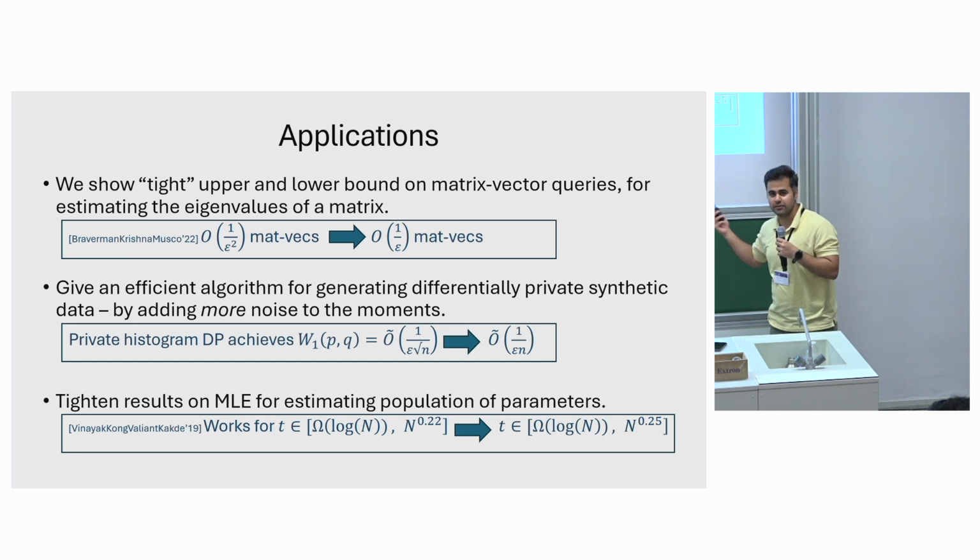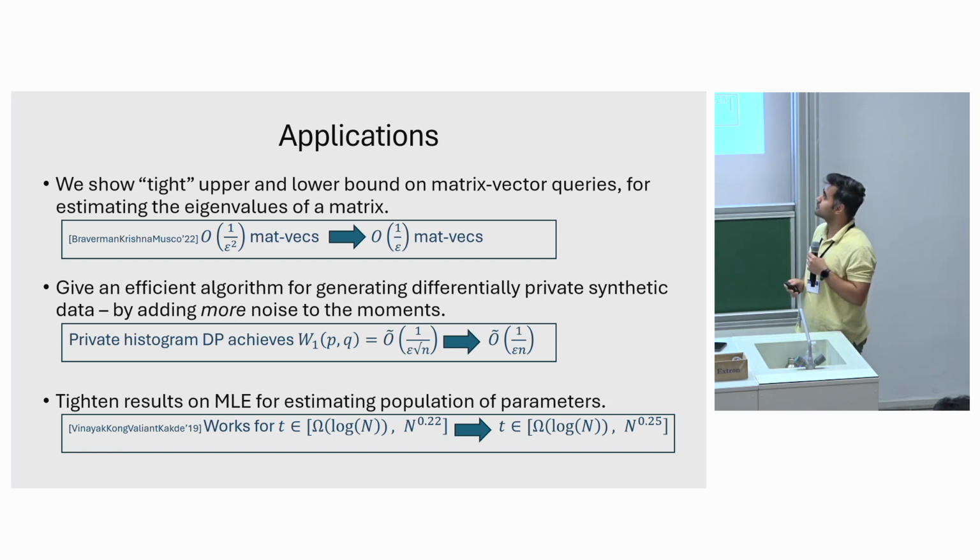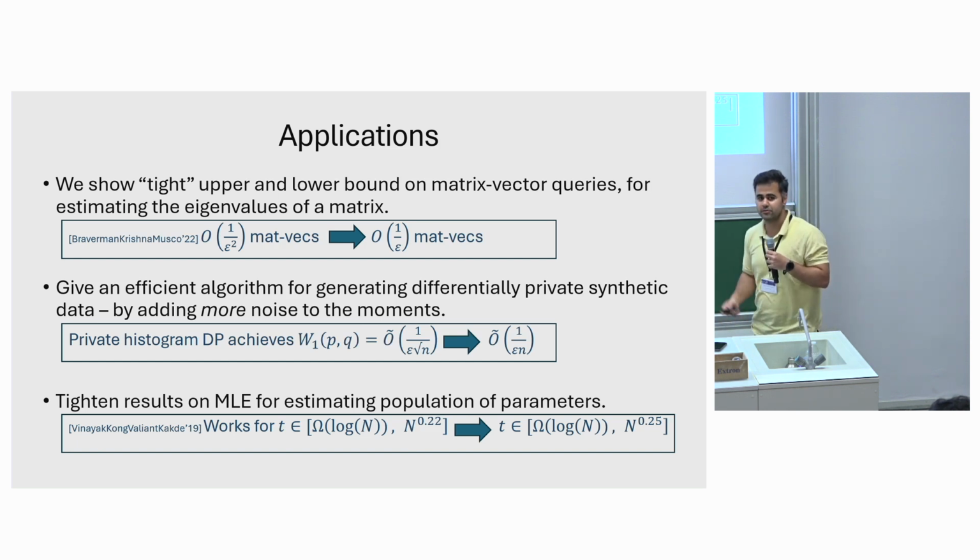To some, it may not seem like a lot, but since it is such a ubiquitous problem, we immediately get a bunch of applications out of it. I'm just going to flash these numbers to you. I won't go deeply into it. For the problem of estimating eigenvalues of a matrix using matrix-vector products, we improve the bound of order 1 over epsilon squared matrix-vector products to order 1 over epsilon matrix-vector products.